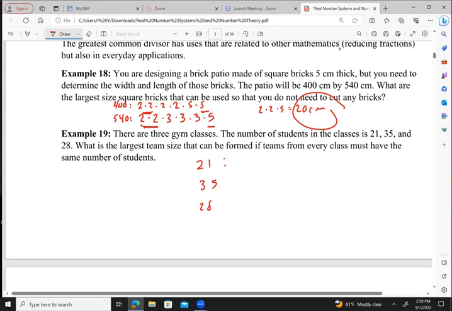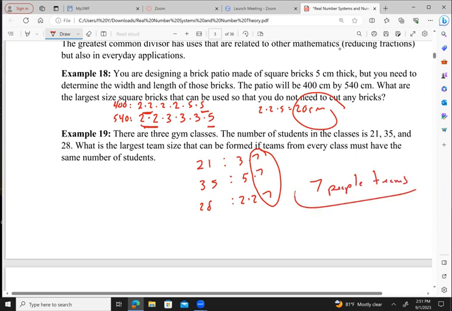Well, 21 is what? 3 times 7? 35 is 5 times 7. And this is 2 times 2 times 7. Looks like the only number they have in common is 7, so we need 7 people teams. And there'll be 3 here, 5 there, and 4 there.